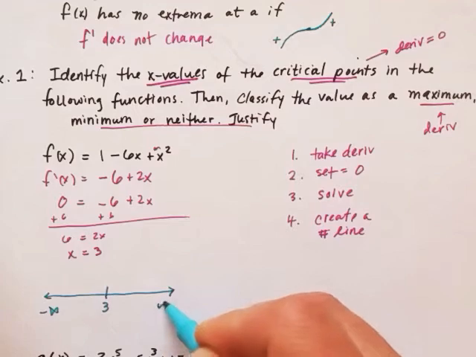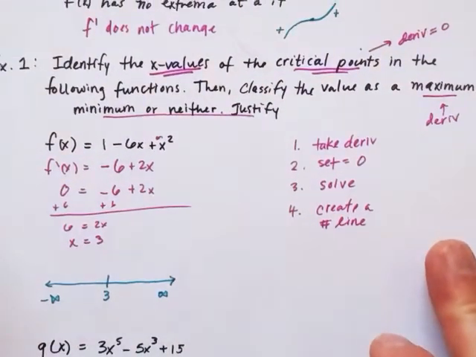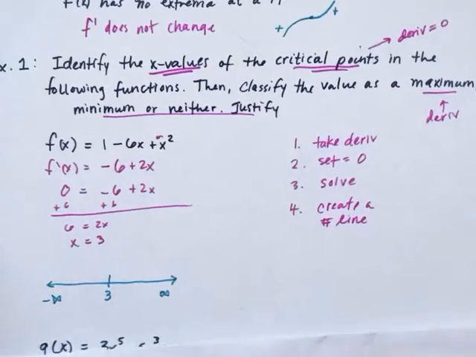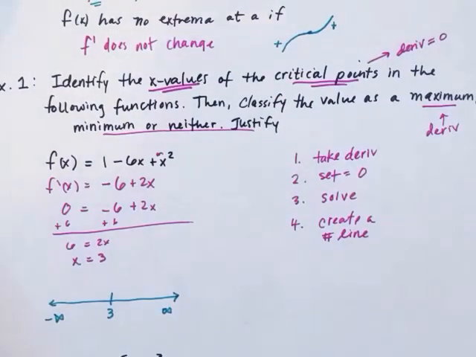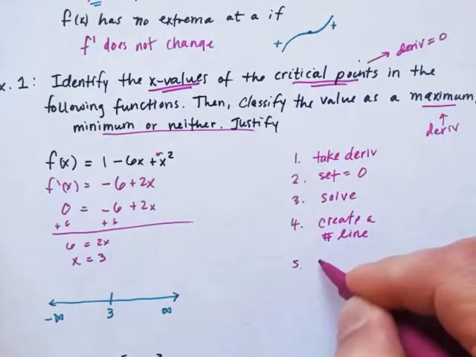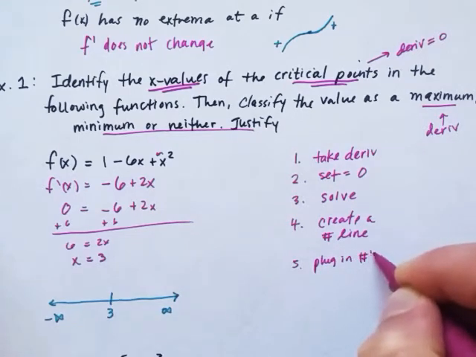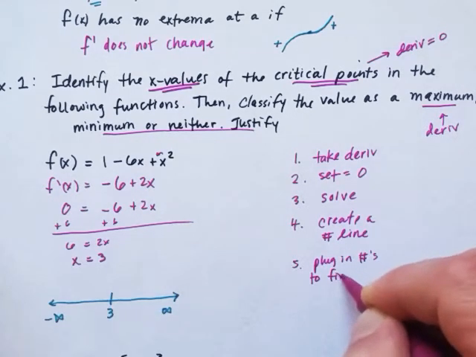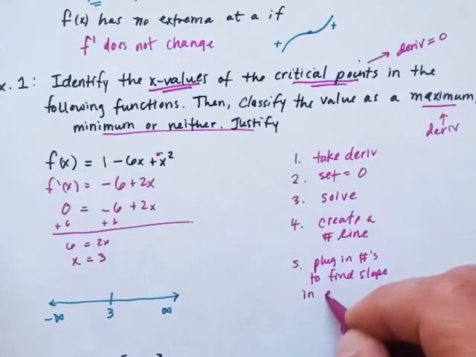Really, that's the only thing that we have to consider in this entire problem. So just getting a picture of what that looks like is important. So remember from last week, after we create that number line, we are just going to plug in numbers to find slope. I would say in each interval.